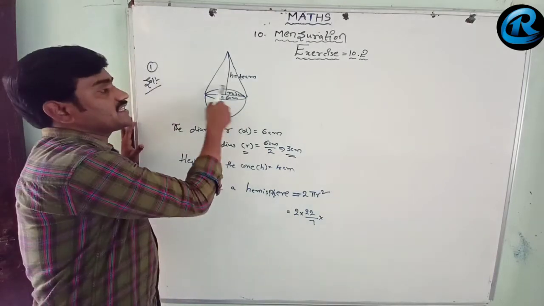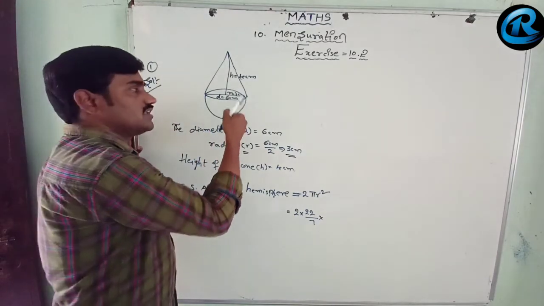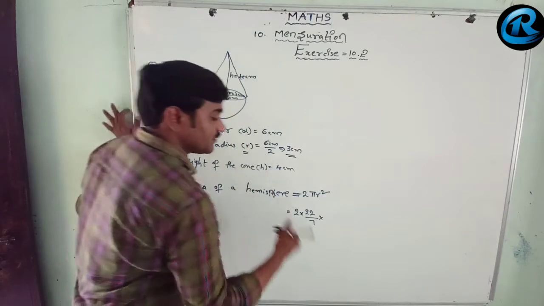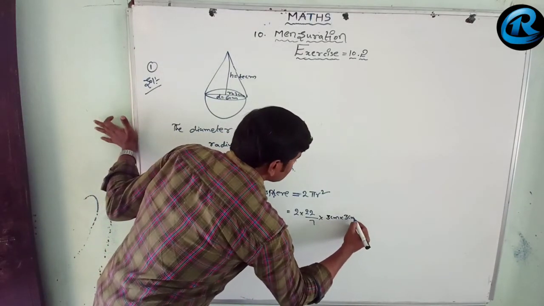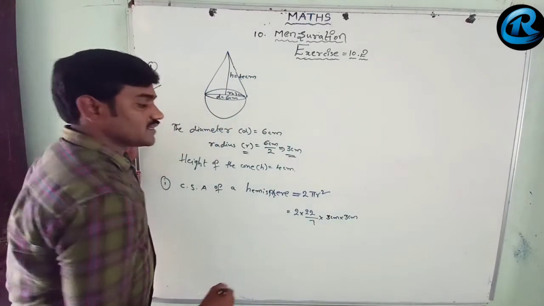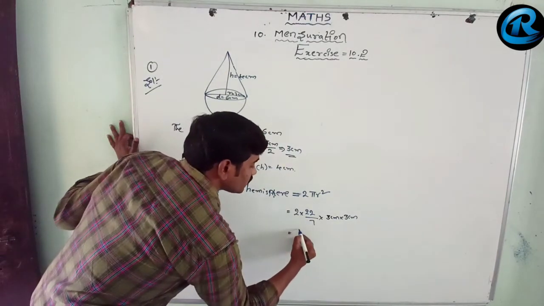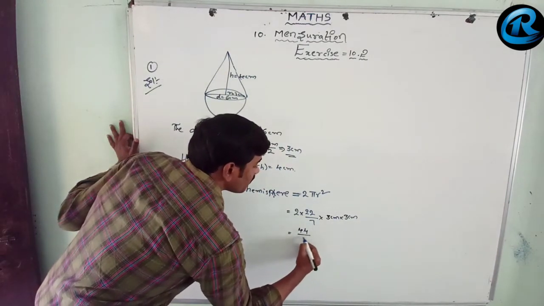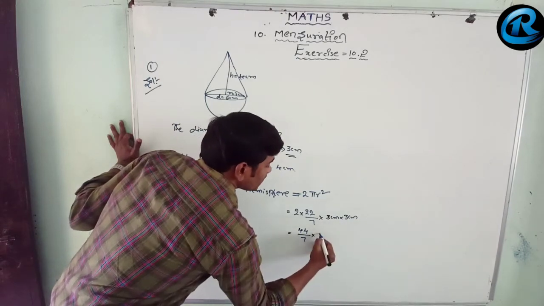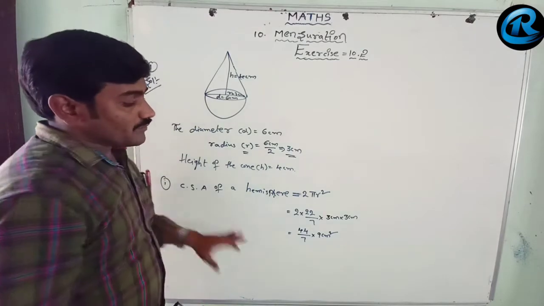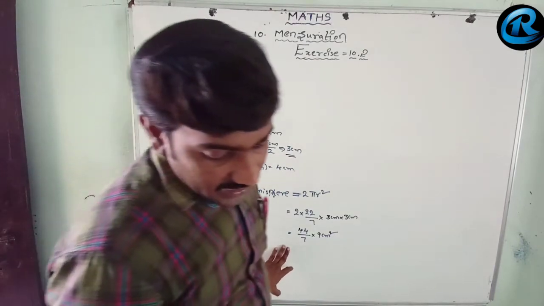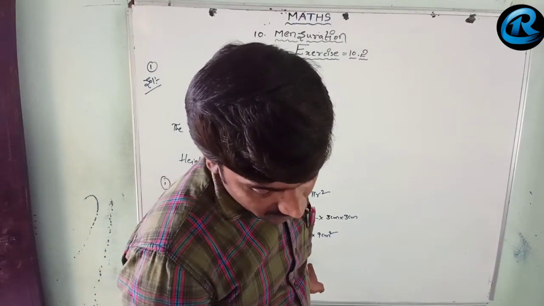What is the radius of the hemisphere? That is 3 centimeters. The radius of the cone is also 3 centimeters. So 3 centimeters into 3 centimeters. Now 2 into 22 is 44 by 7 into 3 into 3, that is 9 centimeter square.